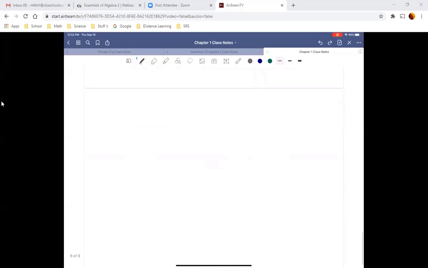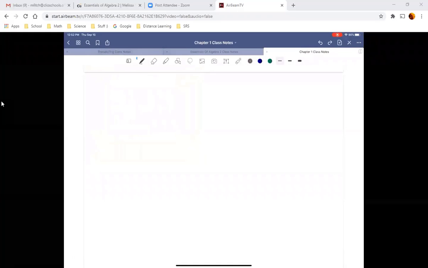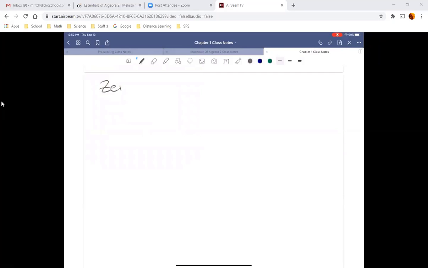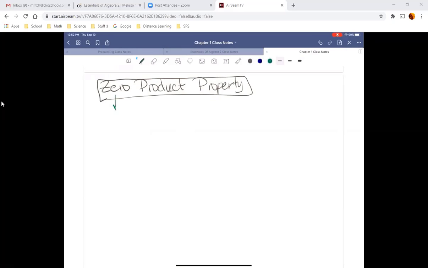All right. So on your homework, it talks about this property called the zero product property. Do you know what 0 means?